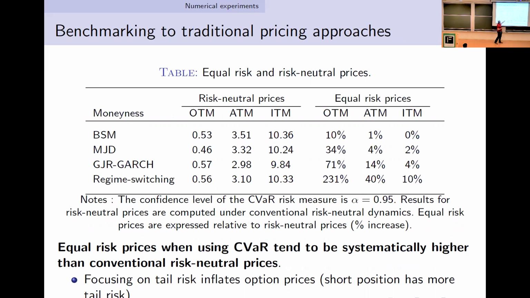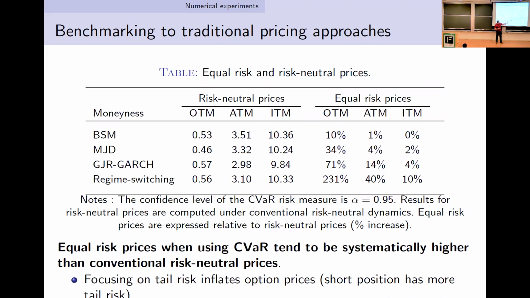Okay, so for the 4 generative models, here are the option prices that we obtain, and these are the relative increases if we use equal risk prices instead of risk neutral prices. And what do we observe here? Systematically, equal risk prices were higher than the prices obtained with conventional risk neutral measures, and especially so for out of the money options.